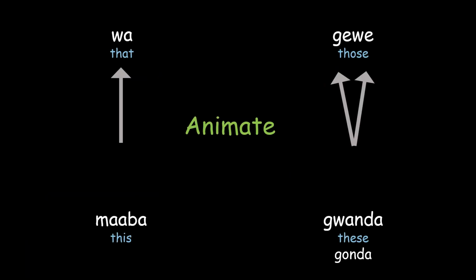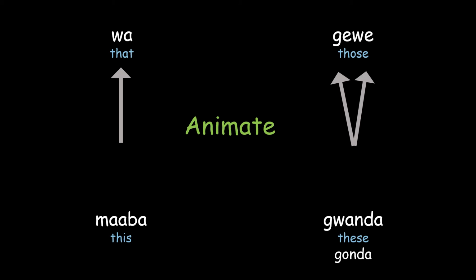Starting with animate and looking at the bottom of the screen first, we have maba, this, and wa, that. Maba, this animate object, and wa, that animate object.